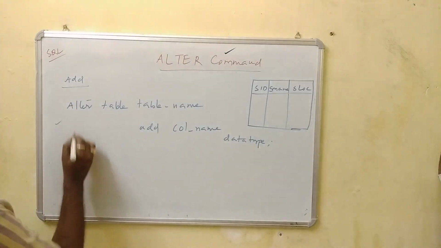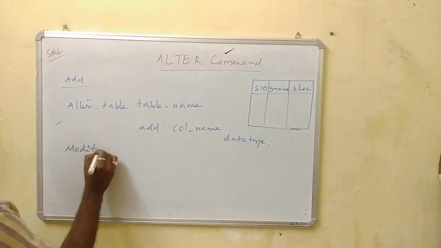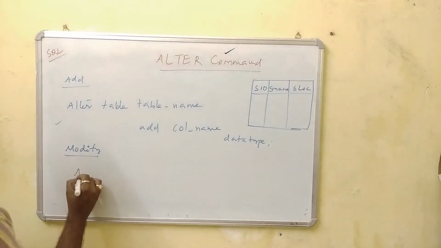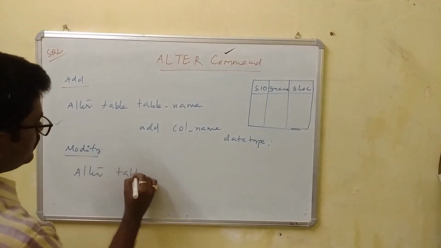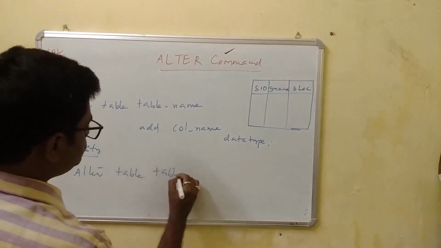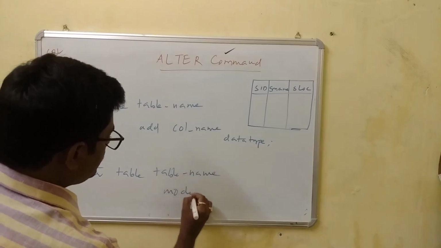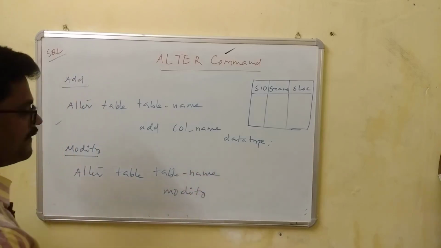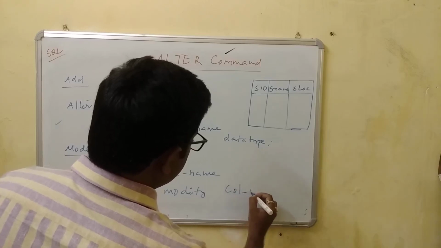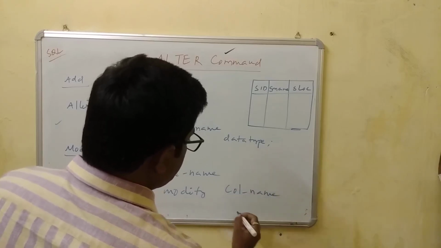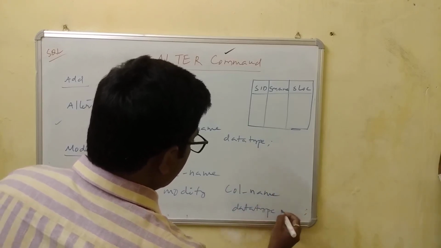Now write the syntax for the modify operation. With modify we can modify the data type: alter table table name modify column name data type, new data type.